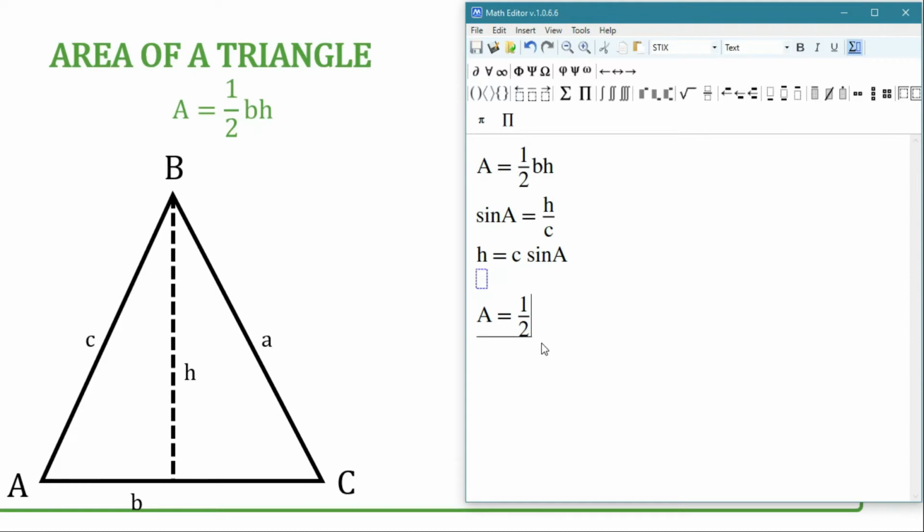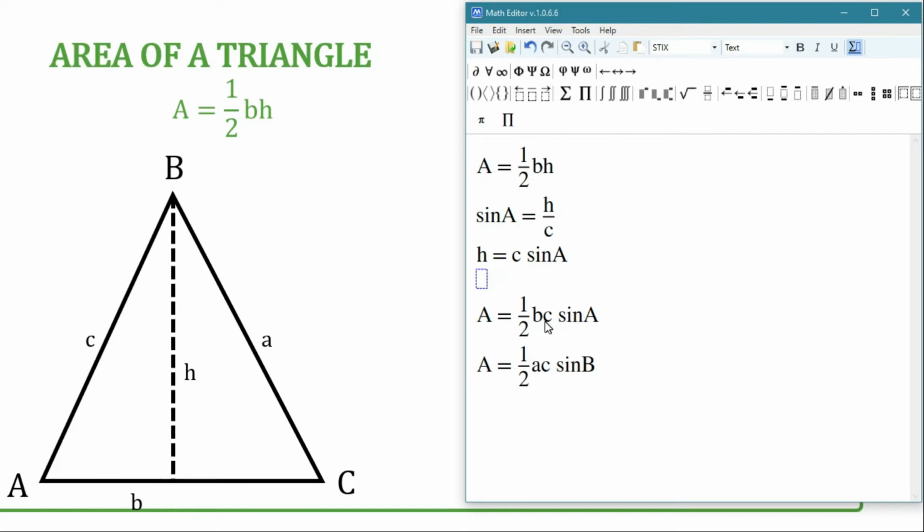So that's going to be 1/2 times b multiplied by c, so the area is 1/2 BC multiplied by sine A. Okay, so this is with respect to angle A. What if ang kinukuha naman natin is angle B? So similarly, we can have another formula for the area of a triangle: area equals 1/2 of AC multiplied by sine B.